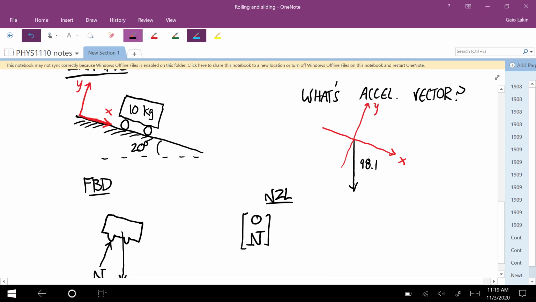Okay, so what's the angle? Well, we know it's going to vary from 270 degrees by 20, one direction or the other. And you can see here that it's going to be 20 degrees past the 270. You get to the 270 and then have to go 20 degrees farther. So that's 290 degrees. This theta is 290. Or you can also do it as minus 70. It gives you the same answer.